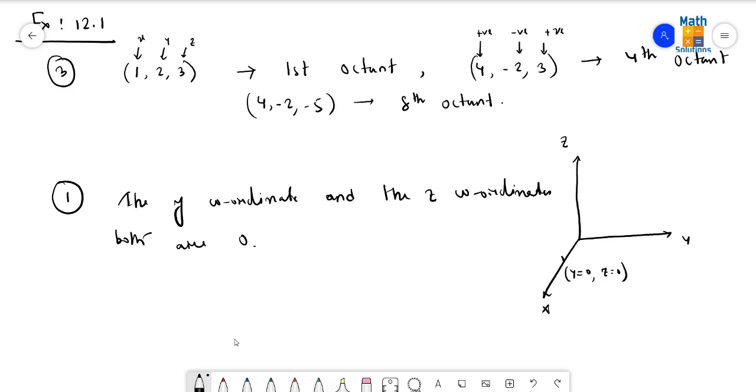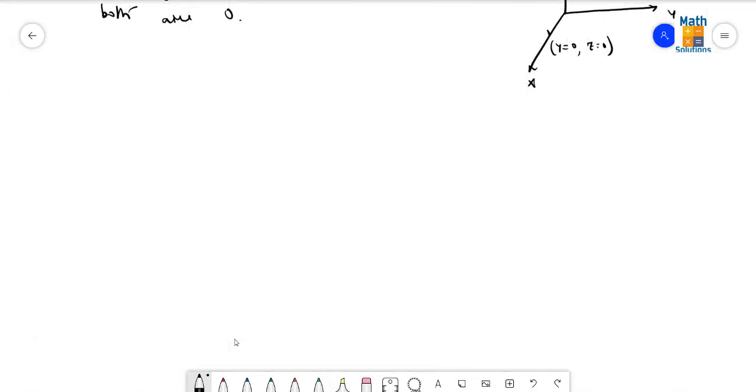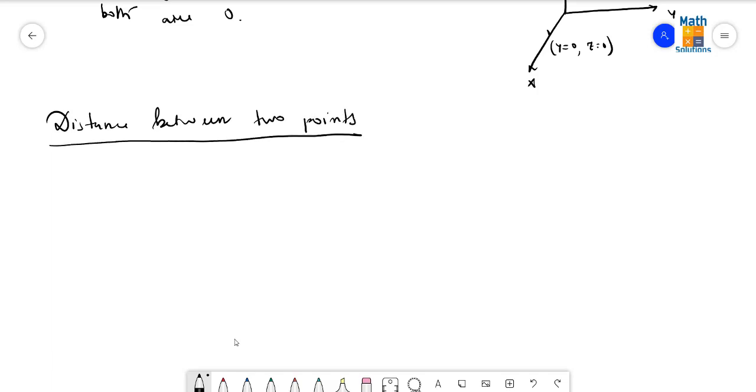Next we shall come to the next topic, distance between 2 points. Here in this case, suppose we consider 2 points.